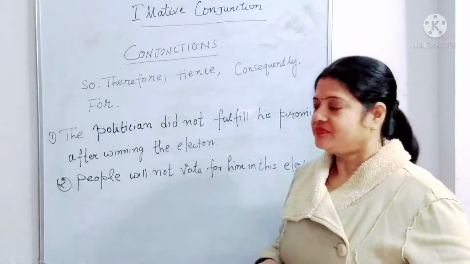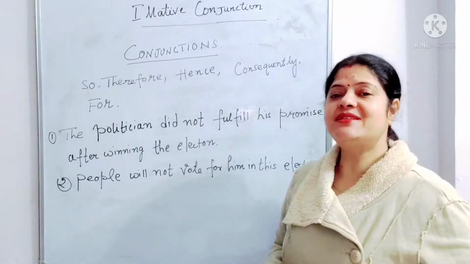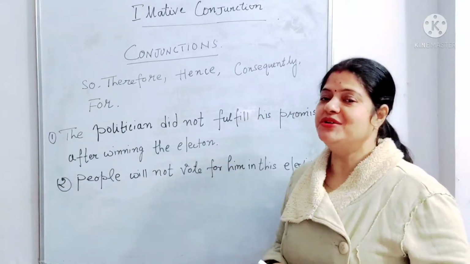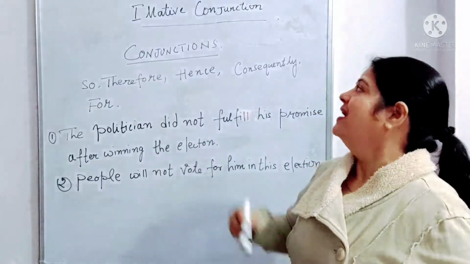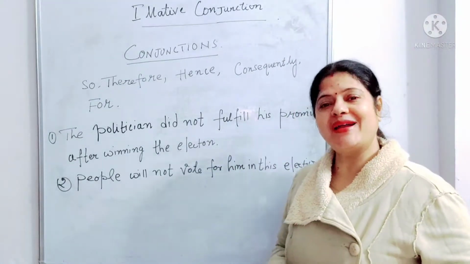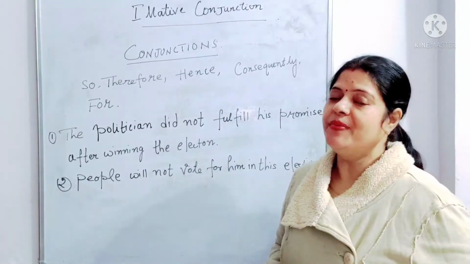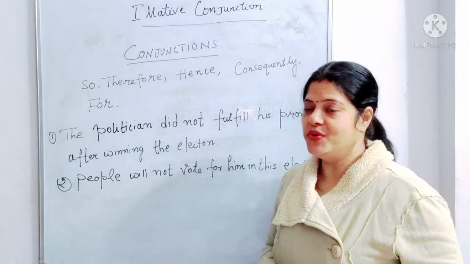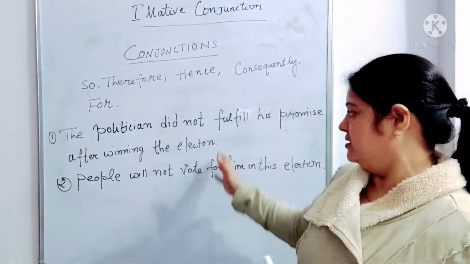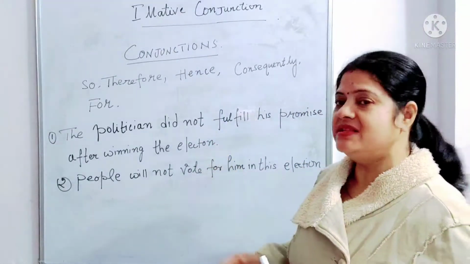So first, I'll give some examples so that it becomes clear to you how we can add elective conjunctions to add 2 or more than 2 simple sentences to make one compound sentence. Okay, so first I've written these 2 simple sentences.